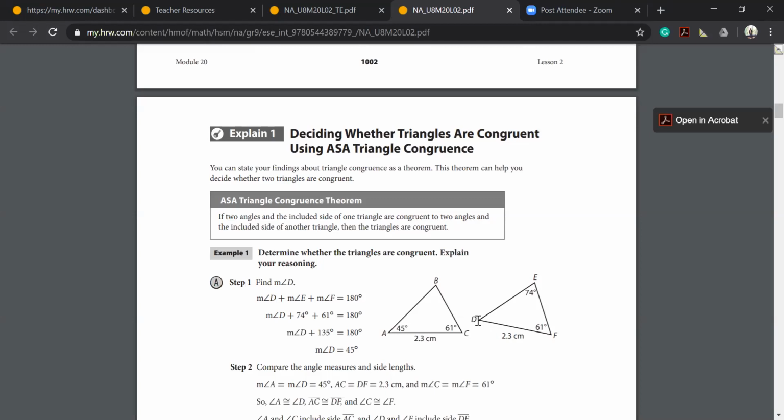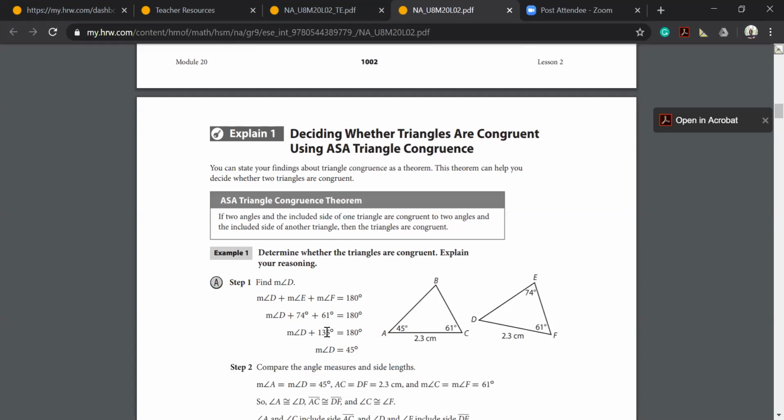How can I find measure angle D? Very easy. Whenever I have a triangle, the three angles together form 180 degrees, right? It means that measure angle D plus measure angle E plus measure angle F is 180. Angle D is unknown, so D plus 74 plus 61 equals 180.